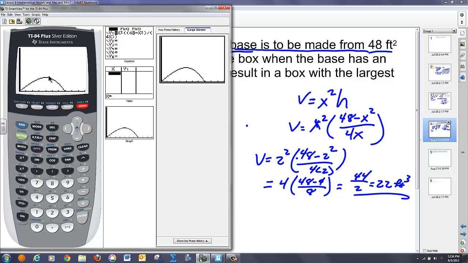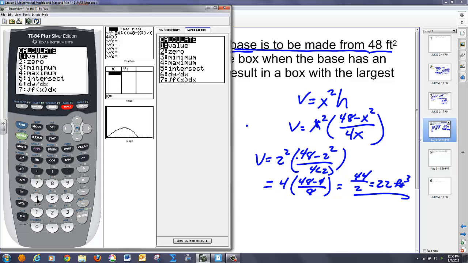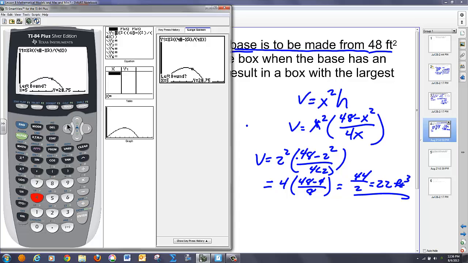You'll notice I see the entire function with a maximum value. And that maximum is going to be the volume. So if I calculate that, where I find a maximum, go to the left of the high point, and to the right of the high point, and calculate, I notice I have almost even numbers.